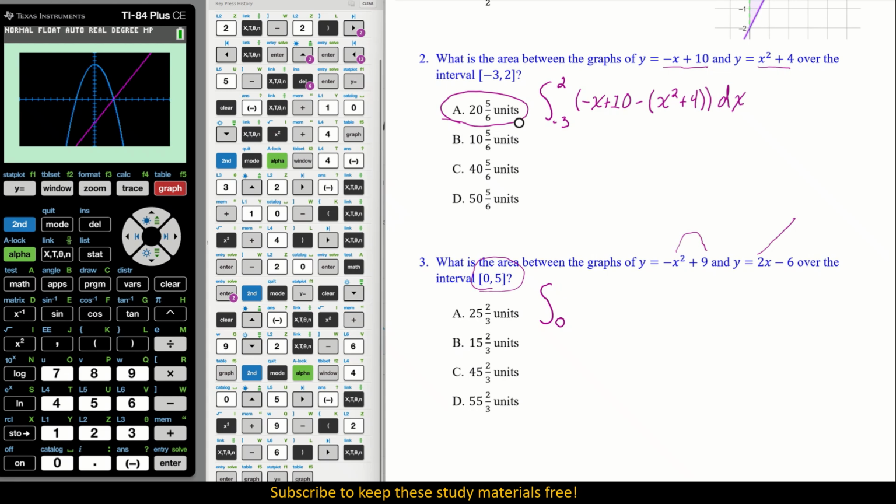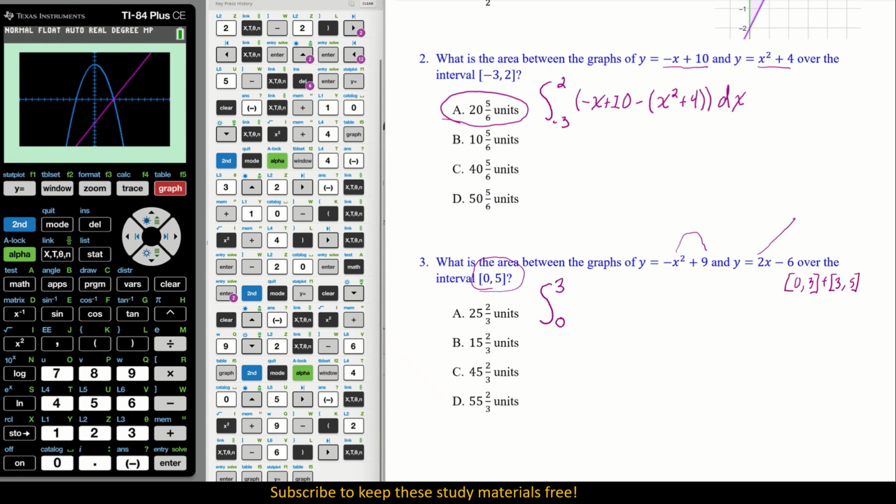So let's get rid of this. This is what you need to do. This is why we go to our calculator. So actually, we're going to split this into 2. So we need 2 intervals. We need 0 to 3, then plus 3 to the 5, okay?